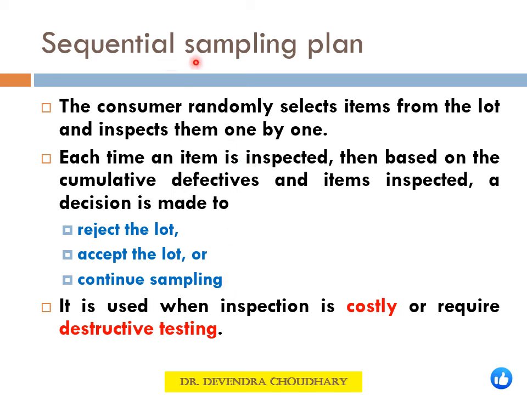Sequential sampling plan is used when inspection is costly or requires destructive testing. We will also discuss the sequential sampling plan in more detail in a subsequent session.